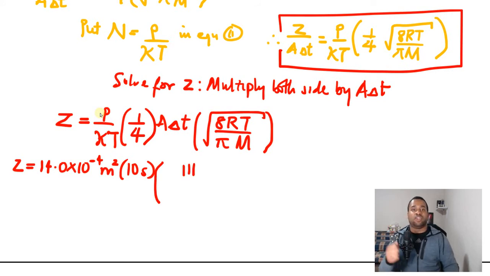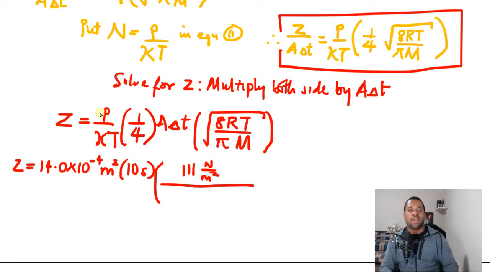The pressure is measured in pascals, which is newton per meter squared, and this is divided by our Boltzmann constant, 1.38 times 10 to the -23, with the unit joules per kelvin. Joules is expressed as newton meter, over kelvin, and this is multiplied by our temperature, which is 1500 kelvin.